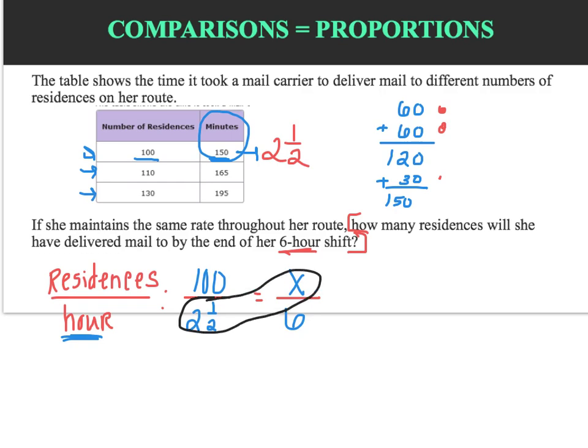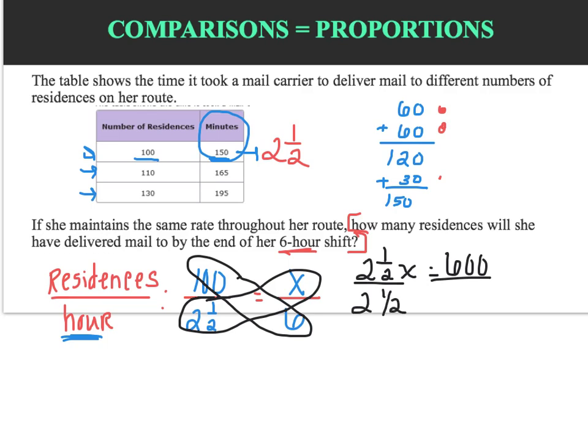Okay, now we're just going to cross multiply. So 2.5 times x is going to be equal to 100 times 6, 600. Divide both sides by 2.5. I can divide this out, so 600 over 1 divided by 5 over 2, and I convert to an improper fraction.